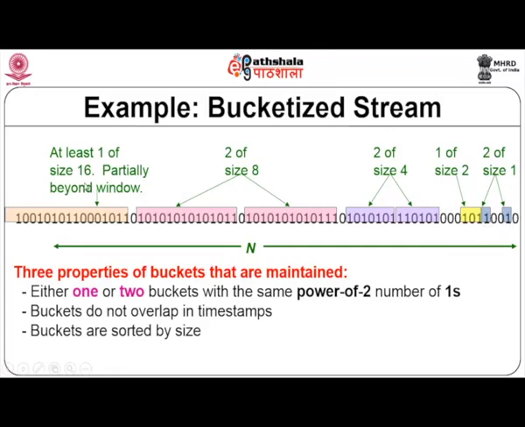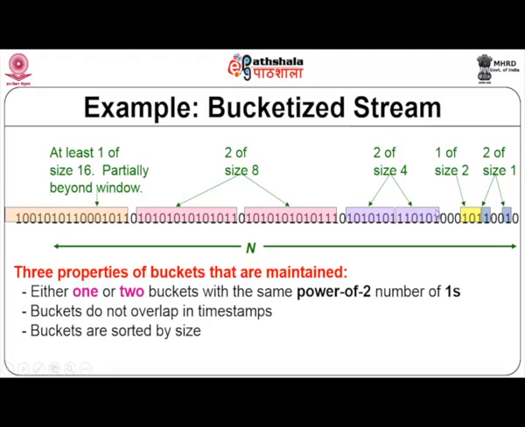In this data stream example, you may find a bucket of size 1 occurring a maximum of 2 times, and a bucket of size 2 occurring exactly 1 time. So, either you can have a bucket of the same size exactly 1 time or at the maximum of 2 times. That is the first constraint, and implicitly these bucket sizes must be a power of 2.